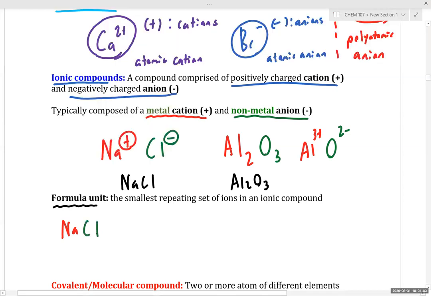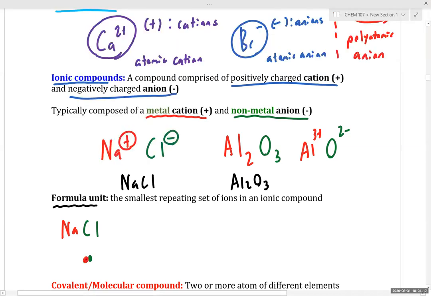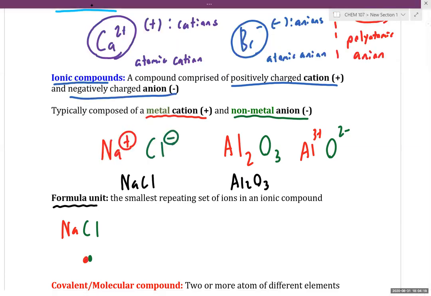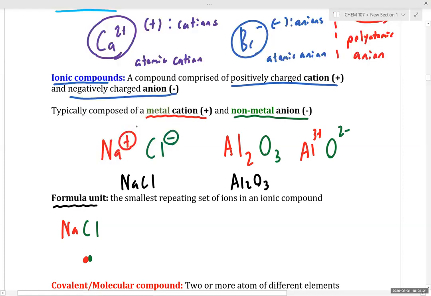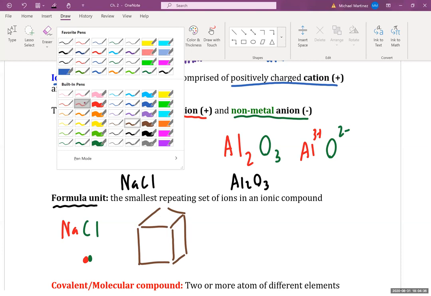Or more specifically, 1 sodium cation and 1 chloride anion. And we can take our simplest ratio of ions and repeat this simplest ratio of ions in order to generate a more complicated lattice structure.